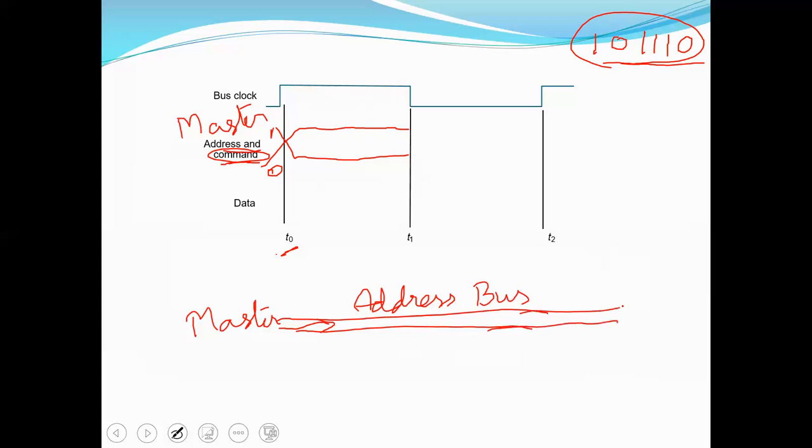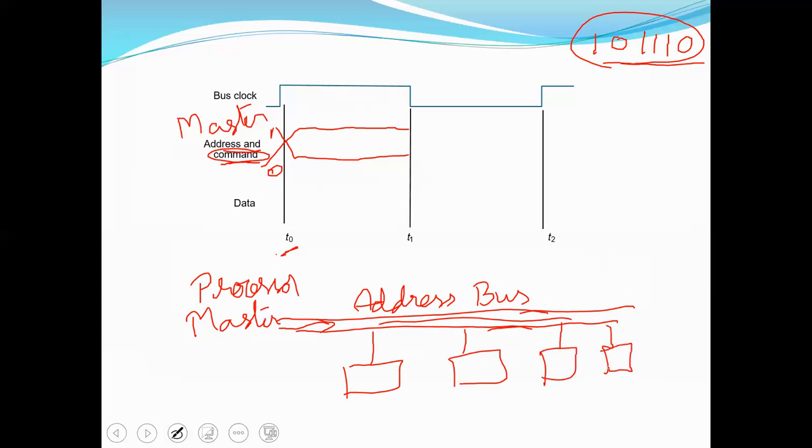It will be received by all devices. Suppose this is the processor. You had seen the diagram, the single bus structure diagram. So this bus is connected with many devices, many IO devices, and the memory, hard disk. Okay. So it is connected with all those devices.